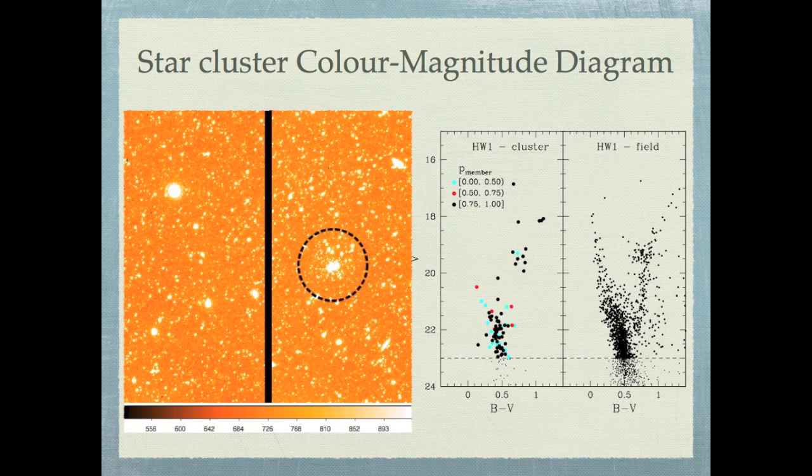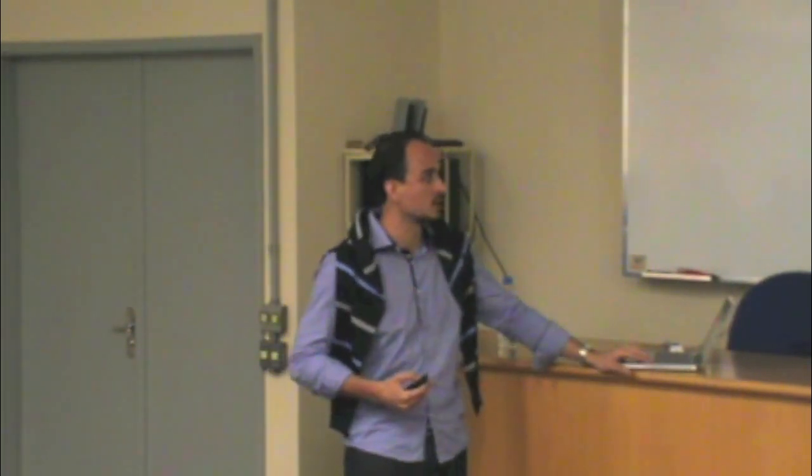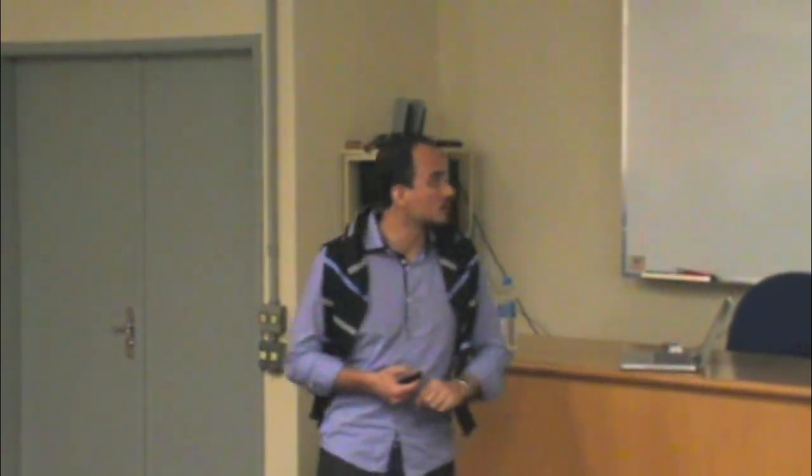And we use these CMDs to derive the probability of each star to belong to the cluster, because you have pollution of foreground and background stars. So in black are the most probable stars to be members of the cluster.